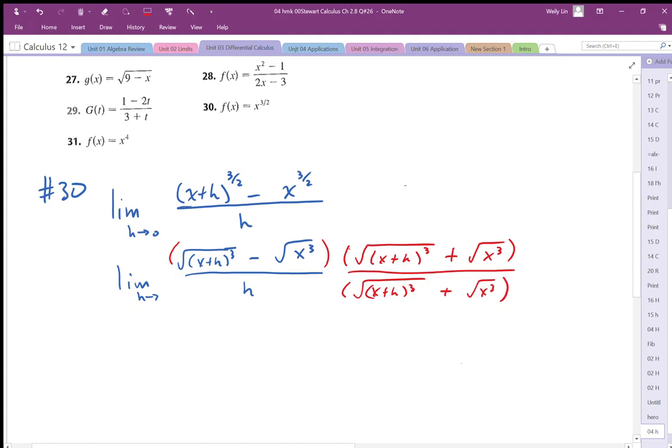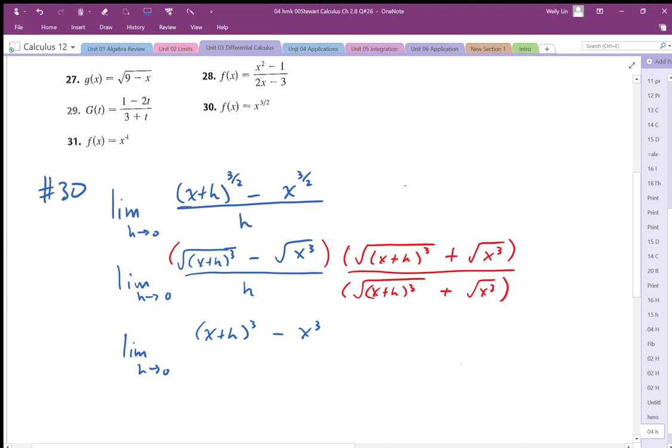Now by doing that, I'm going to end up getting a difference of squares, which allows me to get rid of the square roots. So I end up with the limit as h approaches 0 of (x plus h) cubed minus x cubed.